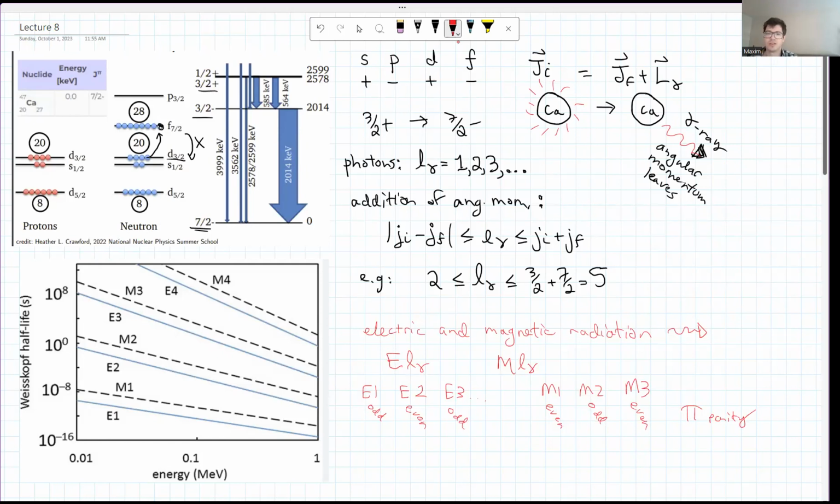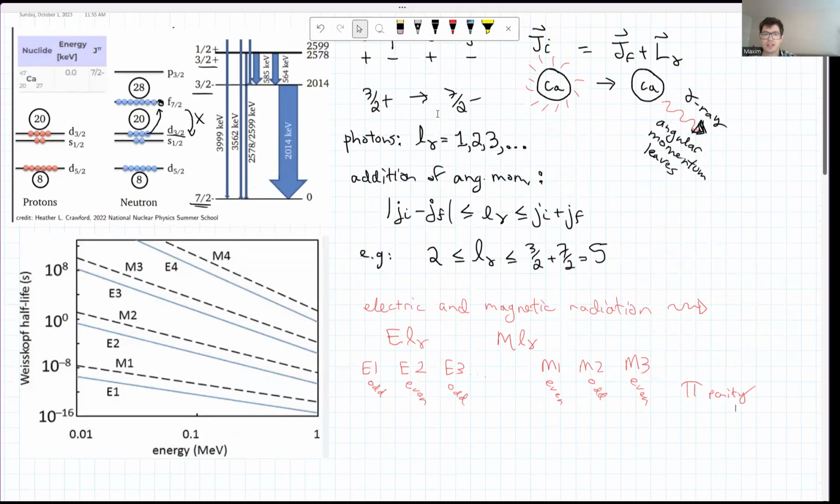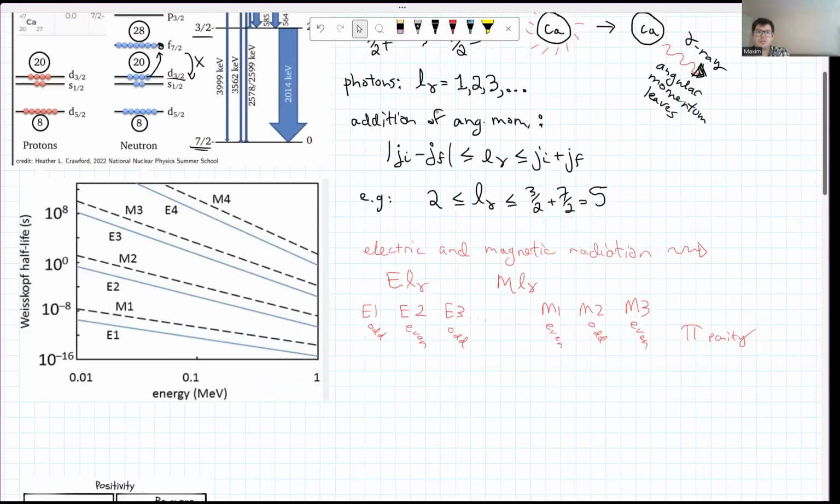And why is that? Well, we can look at dipolar radiation, which means in the electric case, you can think of it as oscillating charges. So you have an electric dipole, and if this dipole is oscillating, it'll generate some radiation. That corresponds to this E1 case, also called electric dipole radiation.